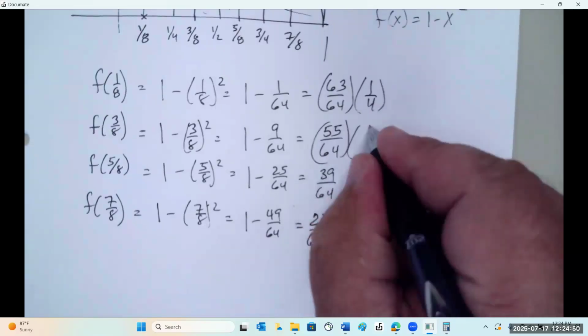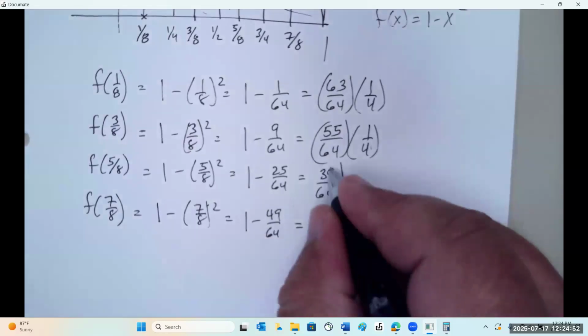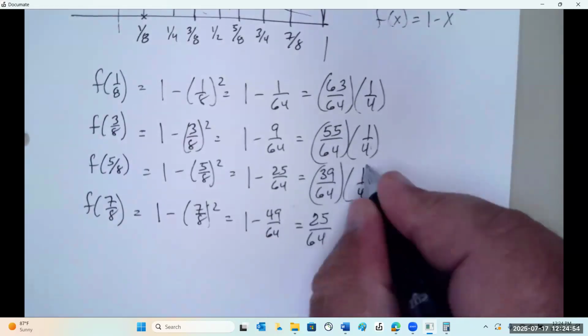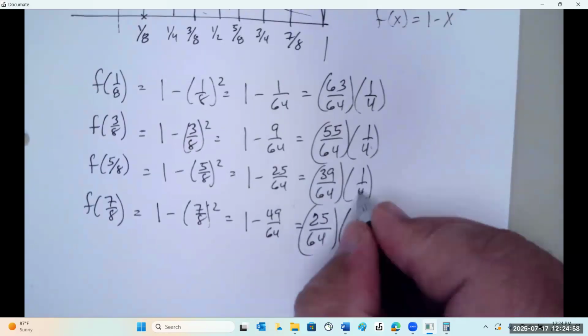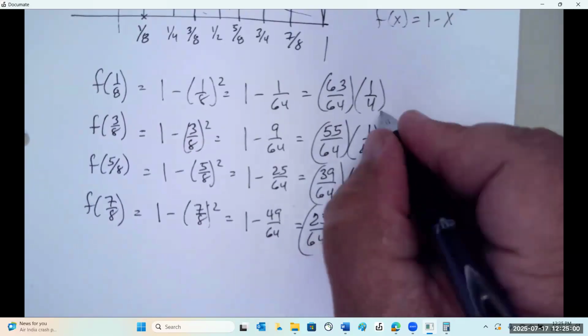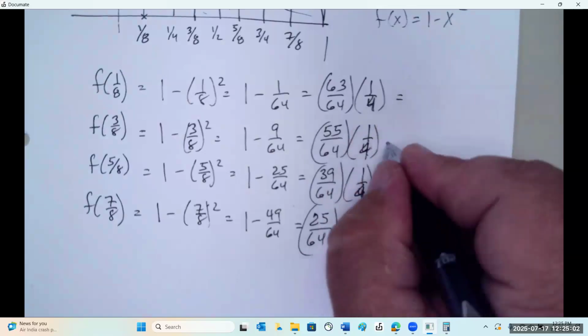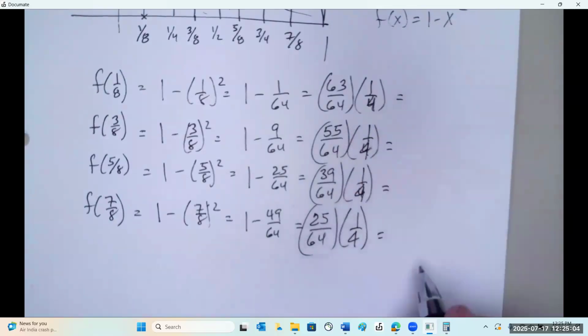Times the interval size, which is 1/4. And add up all those, that will give me the area.